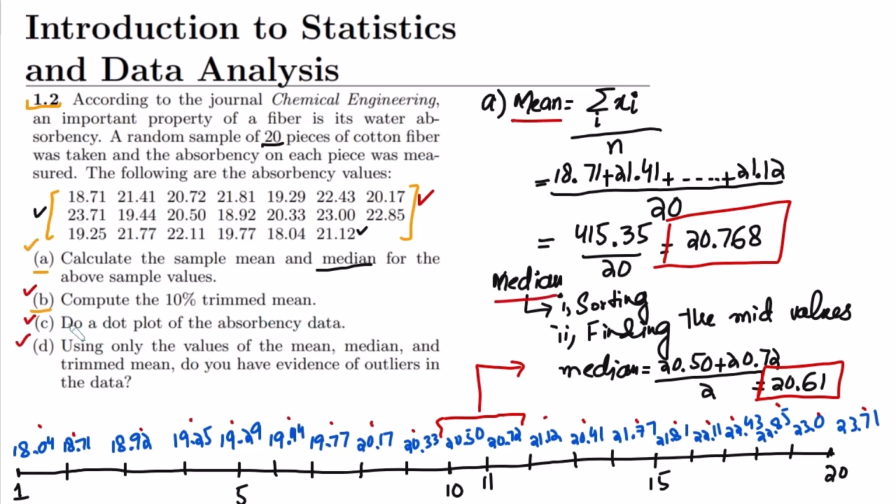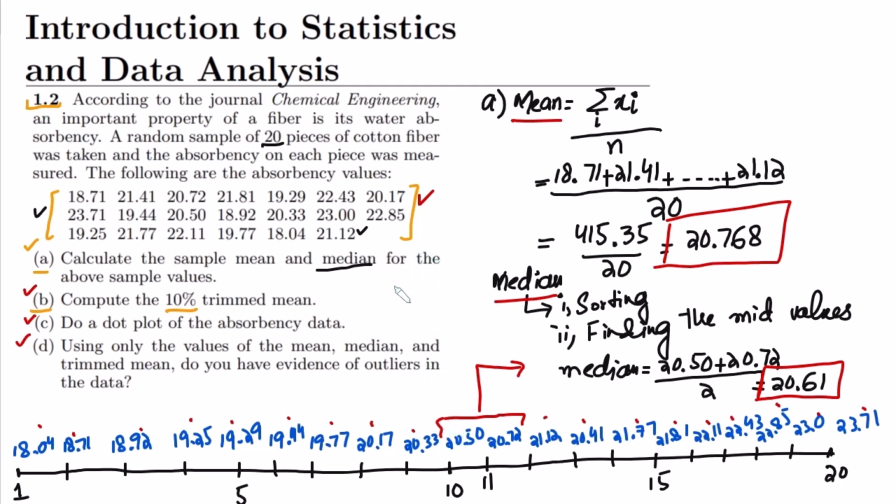Okay. So what is basically part B? We have to compute the 10% trimmed mean. Okay, so in this sort of question, what do we have to do? We have to drop the lower 10% and higher 10% of our data set, and then we have to calculate the mean of it.